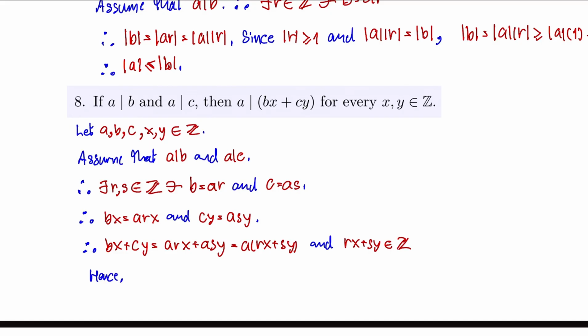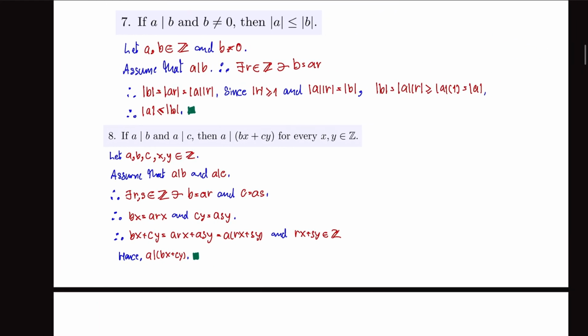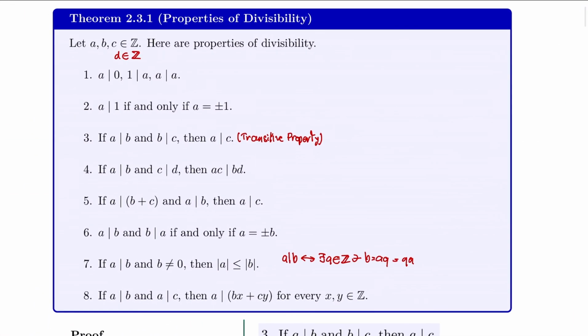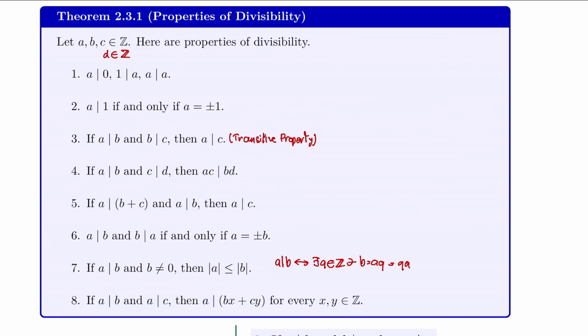Okay, that's what we have. This is a property that we have to know. These are the 8 properties. Okay? So, that's it for this video.